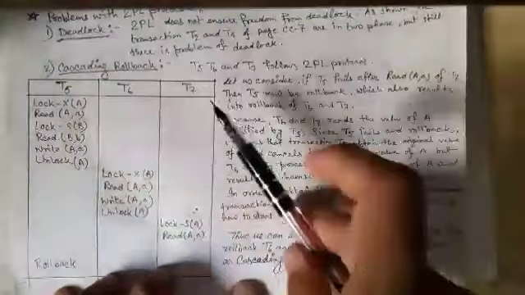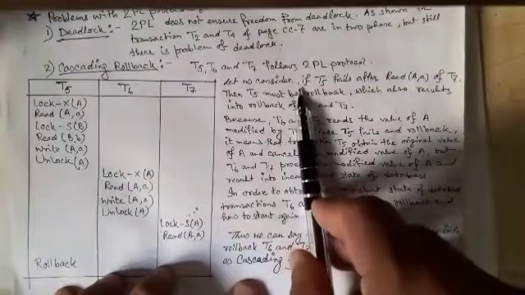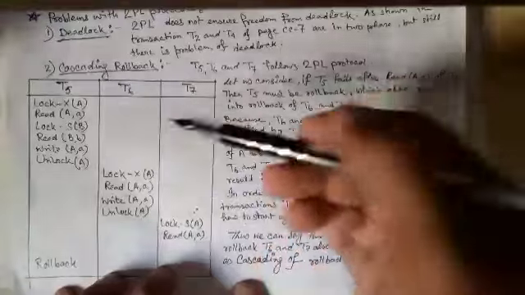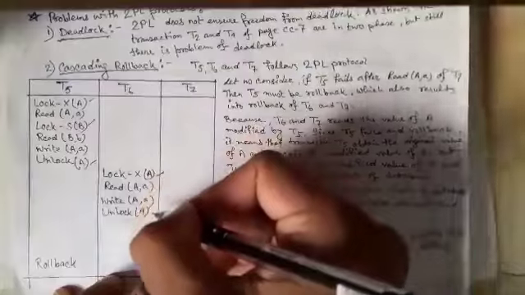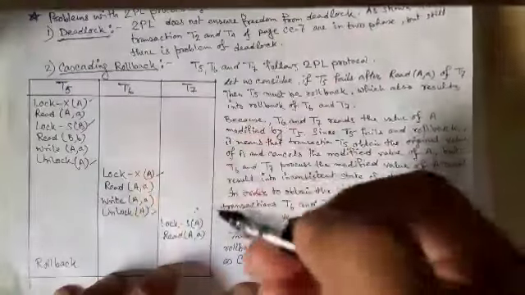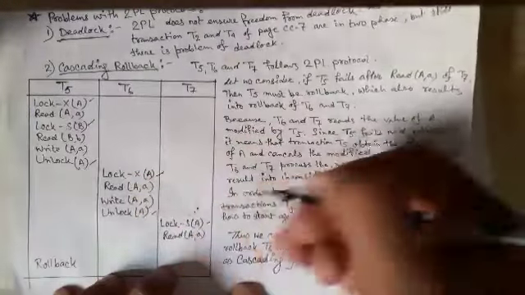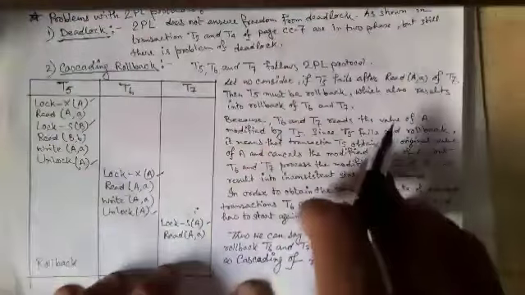Let us consider these three transactions also satisfy the two-phase locking protocol, since there is a growing phase and a shrinking phase, so it supports the two-phase locking protocol.